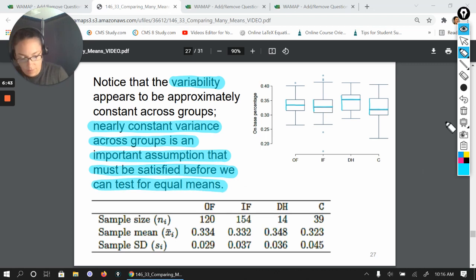Especially if you look at the designated hitter versus the catcher, and then versus everybody else, you can see that between these two sample means, we see the biggest difference. So we'll just make a note of that. And we can see that up here in the box plot as well.